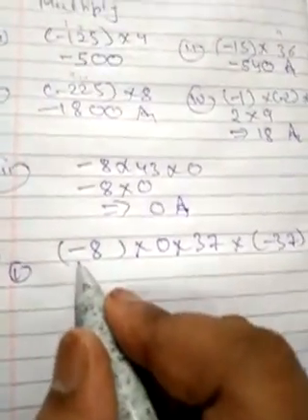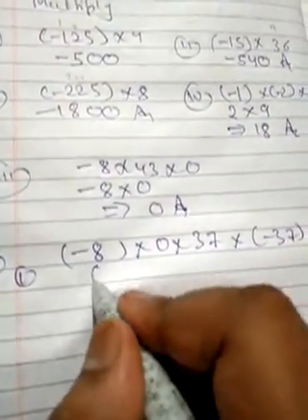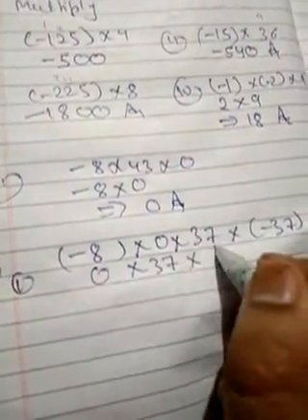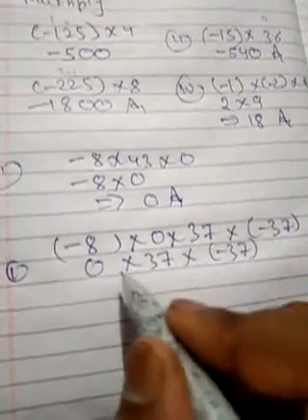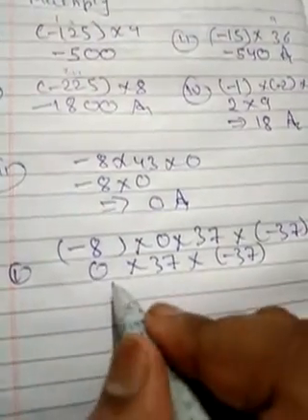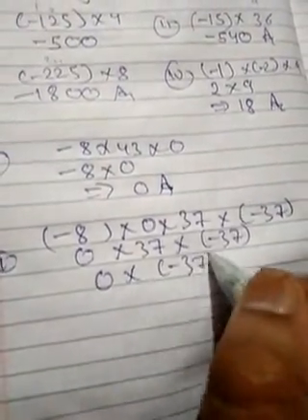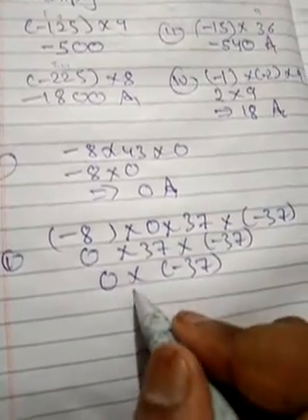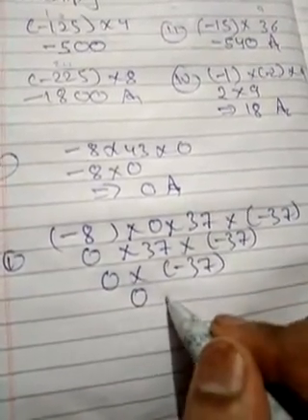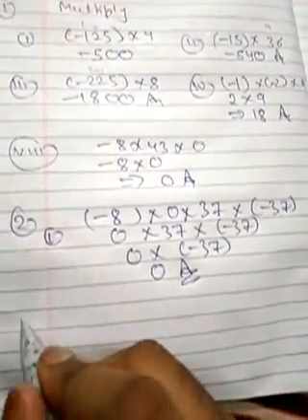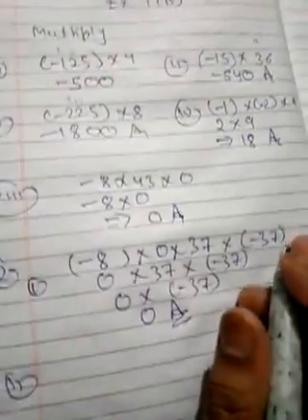Now, when you multiply minus 8 into 0, we will get 0 into 37 into minus 37. Again, when you multiply 0 into 37, we will get 0 and minus 37. Again, we will get 0 on multiplying. 0 is the answer.